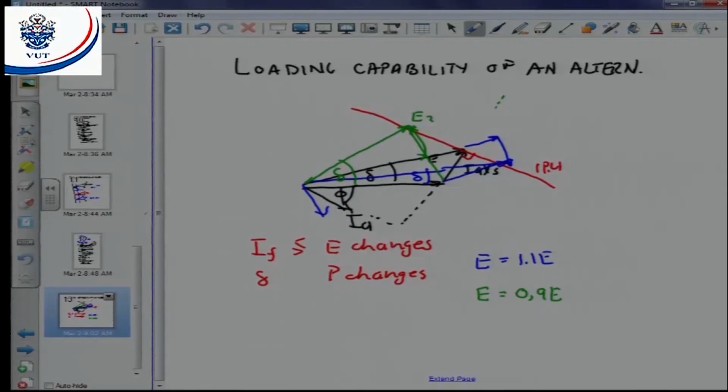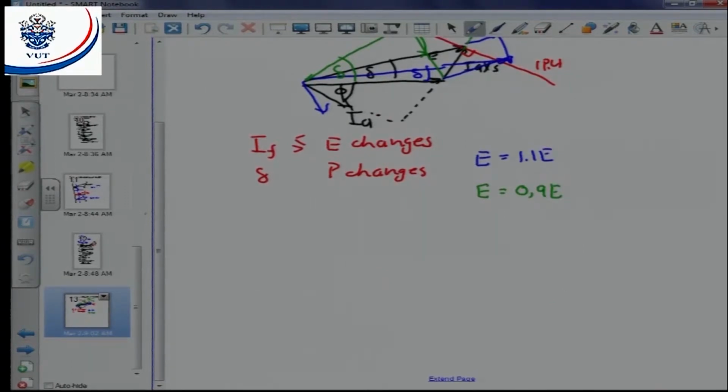Now if we look at this, this is our unity power factor line. To this side it is lagging power factor, and to that side it's a leading power factor. If we now increase our output power, that was 1 per unit.